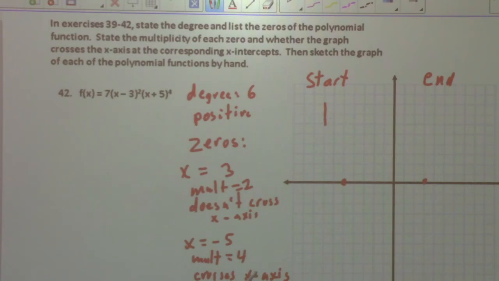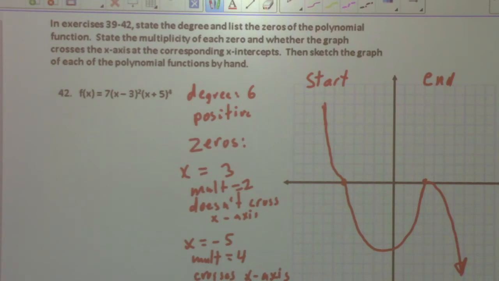Well, it says crosses x-axis here. Is that right? Okay, so we cross the x-axis, and then we come up here, and then this one here, x equals 3, do we cross the x-axis? No, we don't. So we end up down like this. Does that make sense?